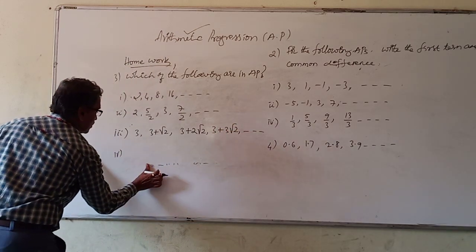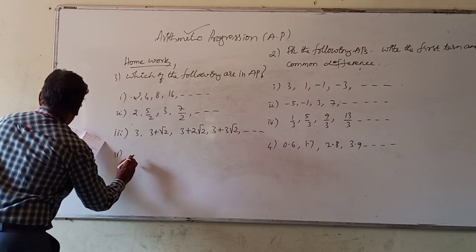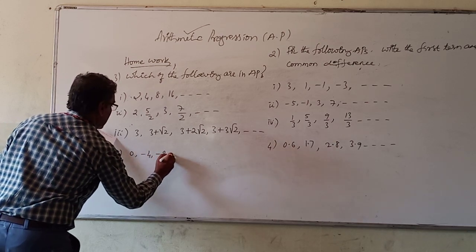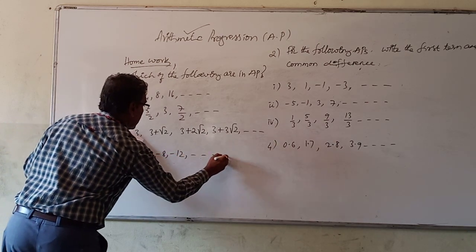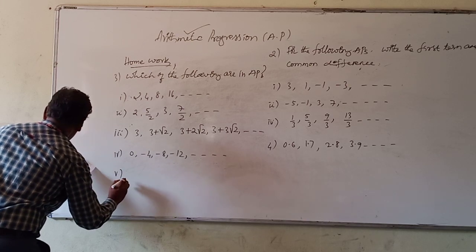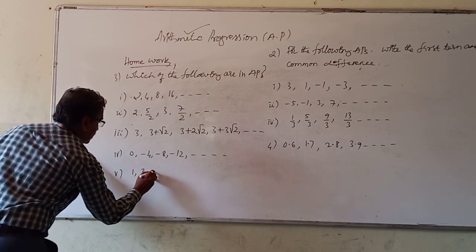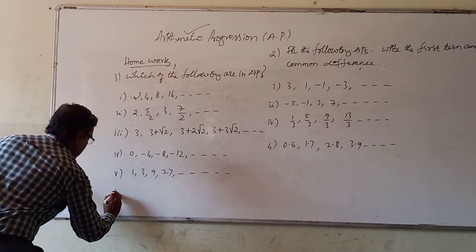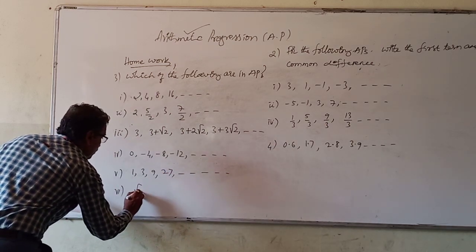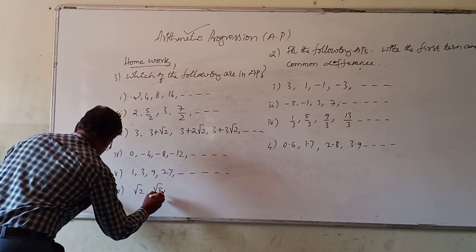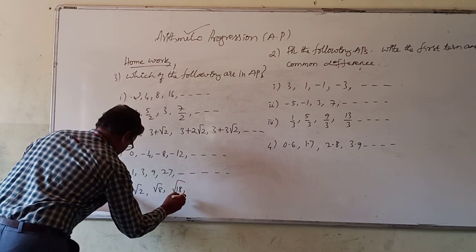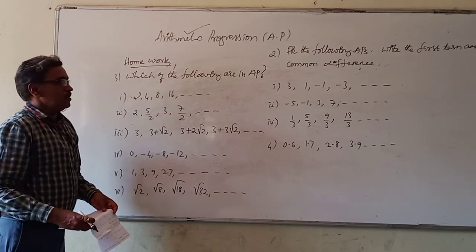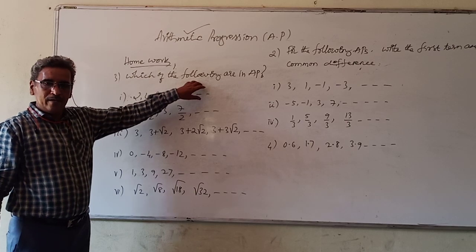The fourth example: 0, minus 4, minus 8, minus 12, and so on. Fifth example: 1, 3, 9, 27, and so on. The sixth example is root 2, root 8, root 18, root 32. So which of the following are in AP?